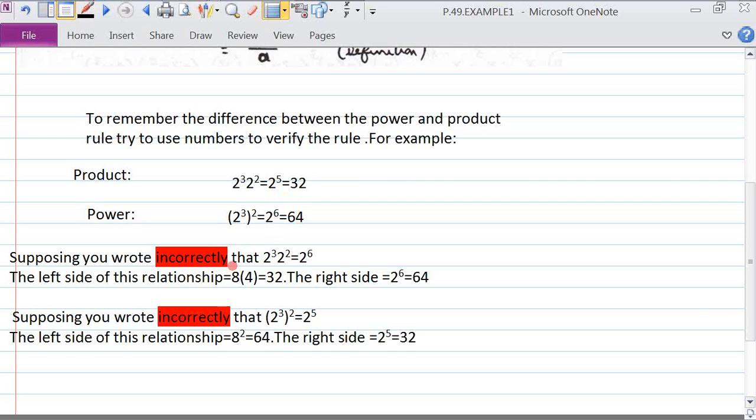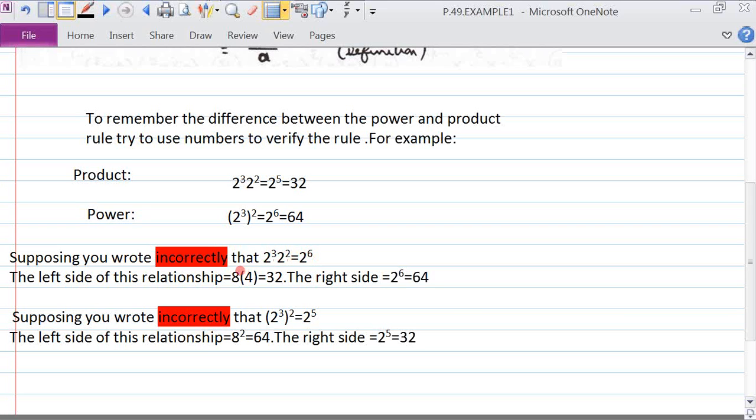Now, supposing you wrote incorrectly, and you were just checking, you wanted to see whether this was true, and you wrote incorrectly that 2 cubed times 2 squared is 2 to the 6. That's wrong. But how would you tell that it was wrong?